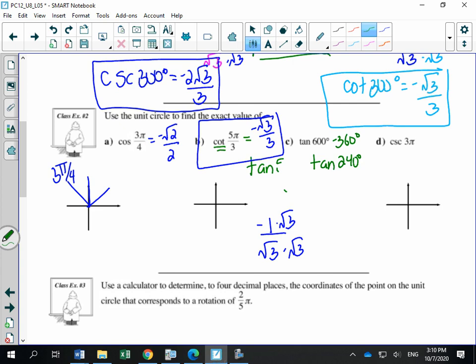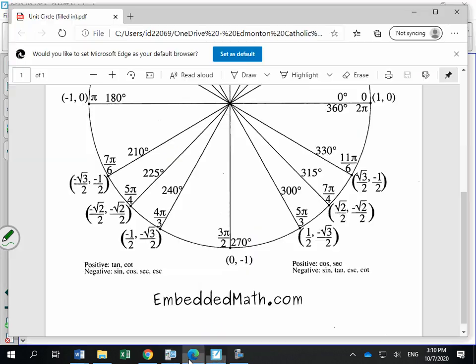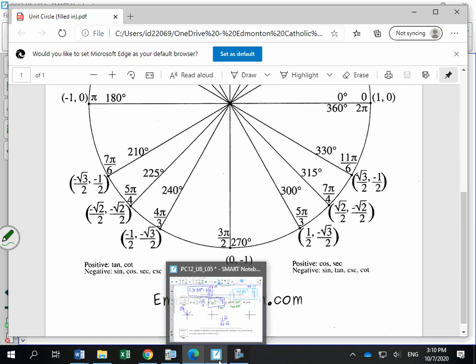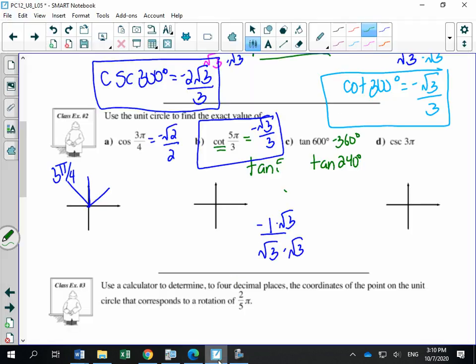So you need to go to your unit circle and locate where 240 degrees is. So 240 degrees is right here. The tan of this is negative root 3 over 2 times the reciprocal of the x. So negative root 3 over 2 times negative 2 over 1.